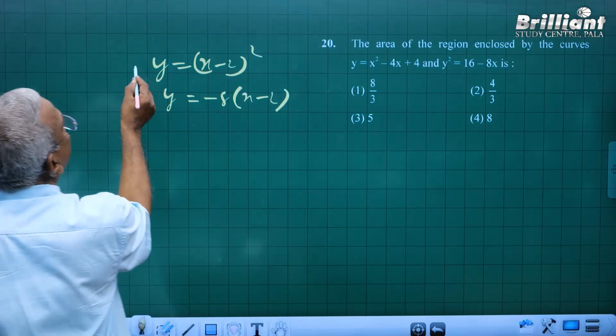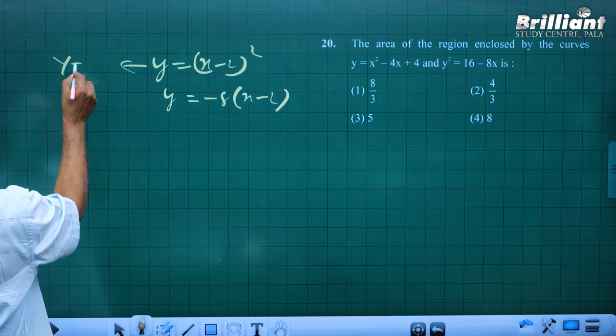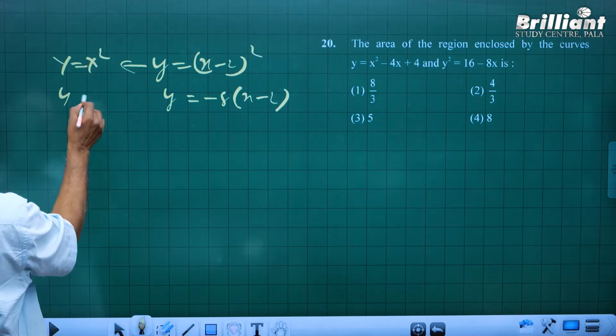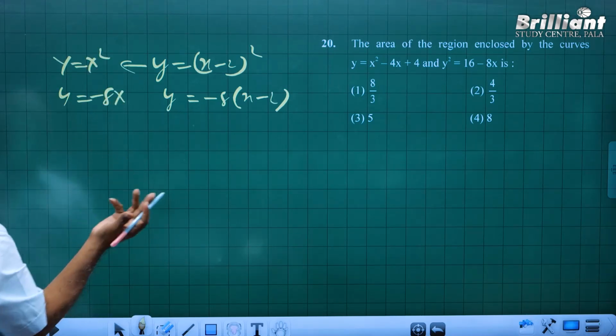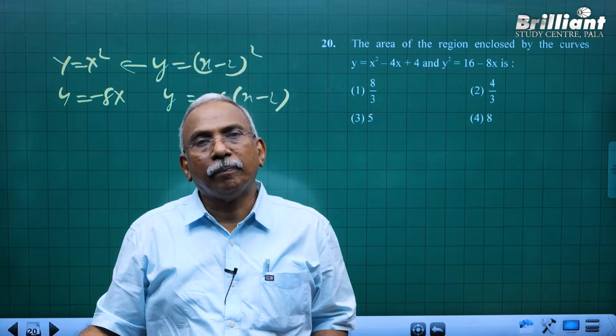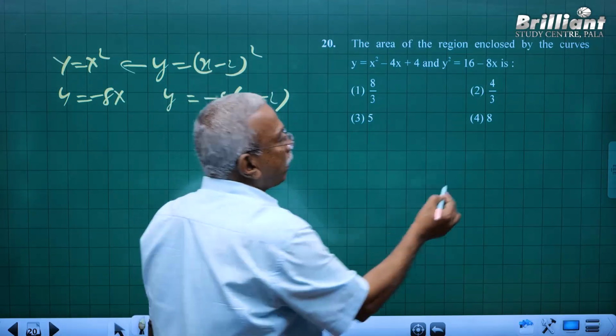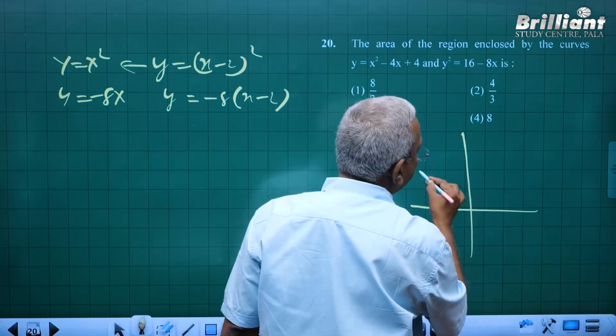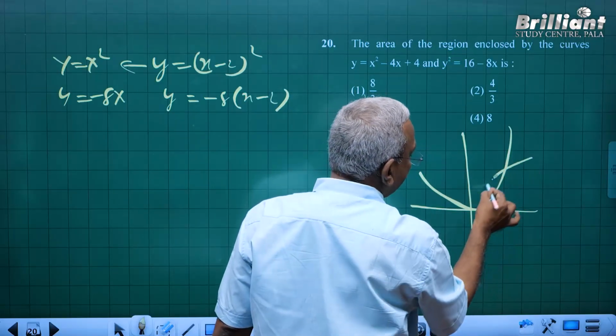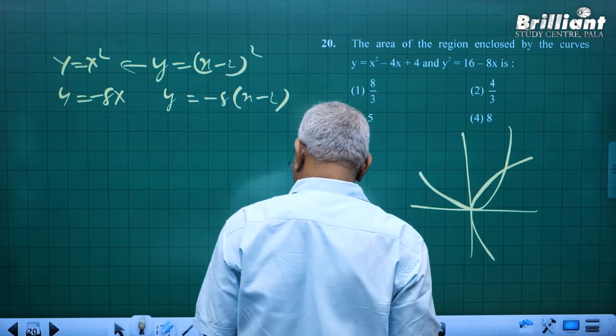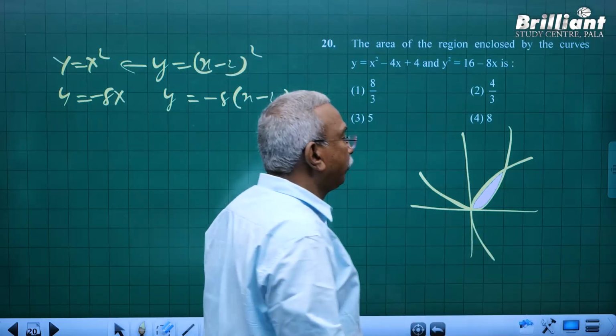When you shift the problem to y is equal to x square and y square is equal to minus 8x, no problem, because we are searching for area. Area between two parabolas: one is in this form and the other is in this form, then the area between the two parabolas will be this region.